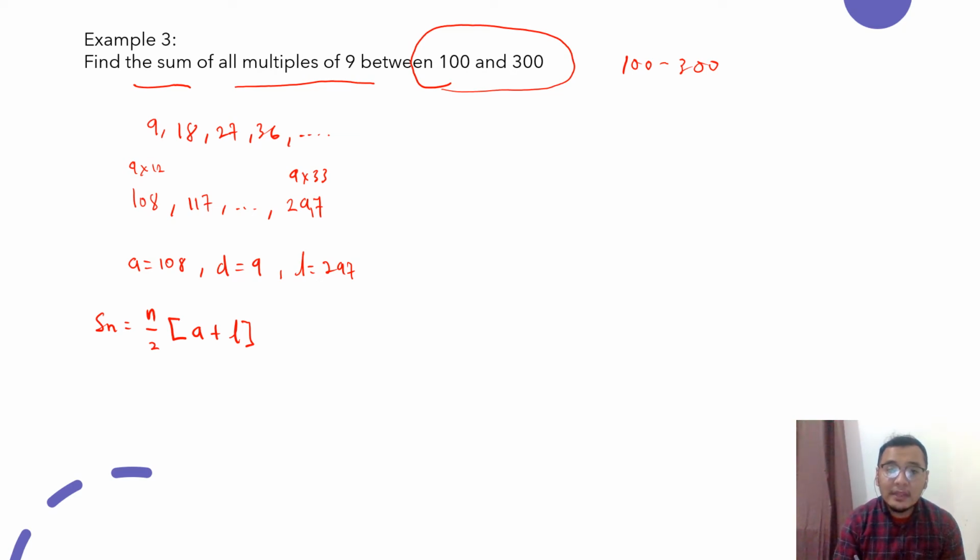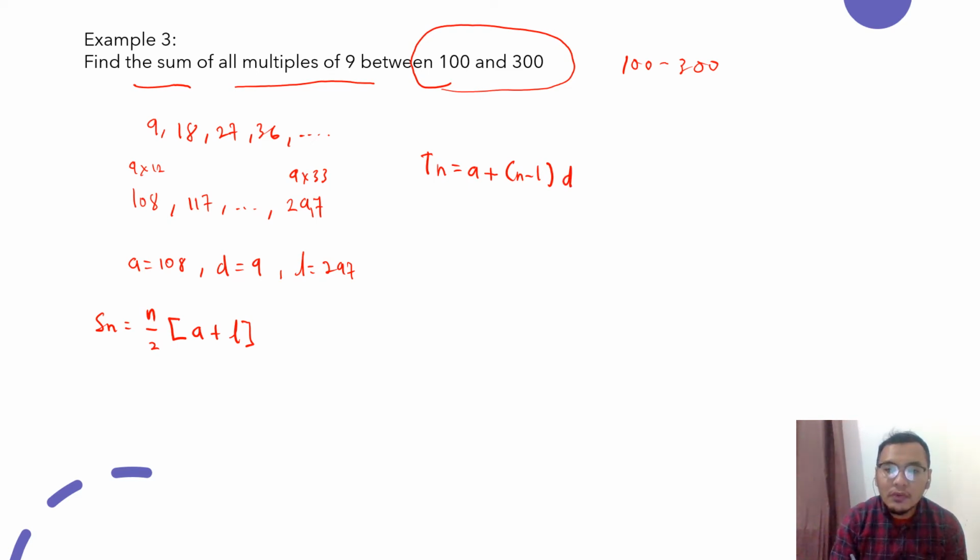Okay, but we don't know how many terms between 108 until 297. So we need to find the number of terms of this sequence, and we need to use the formula of Tn. That's correct. Okay, Tn equal to, what is the formula of Tn? a plus, okay, that's correct, n minus 1 d.